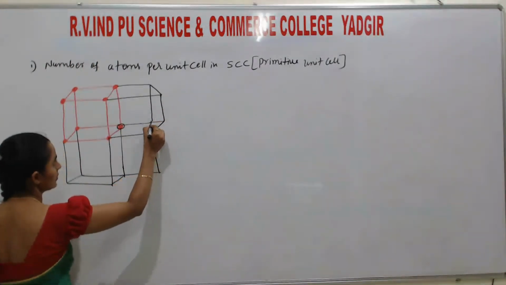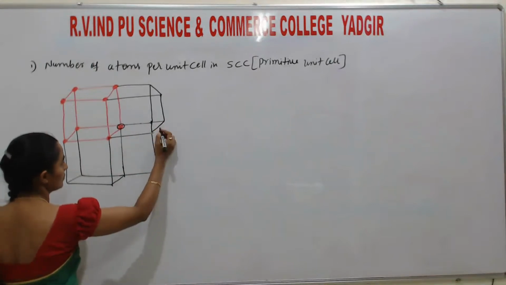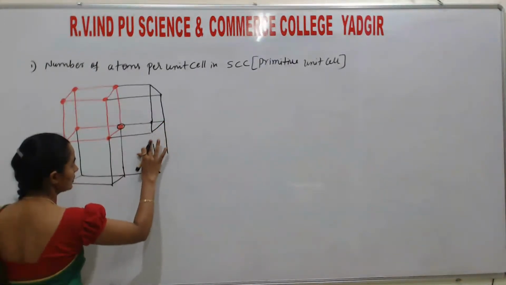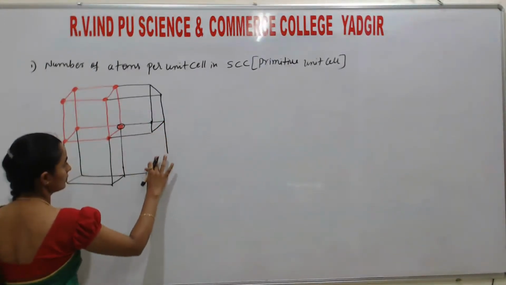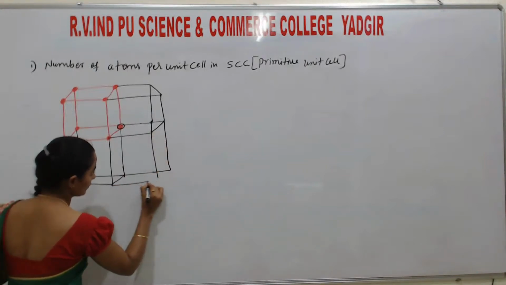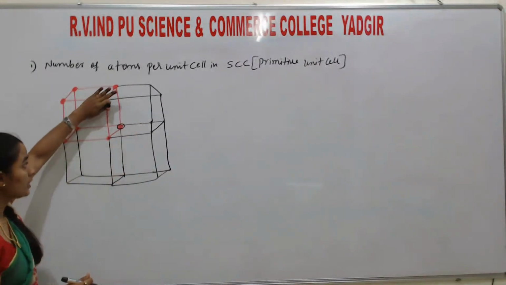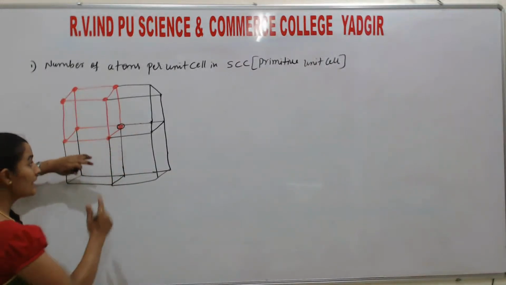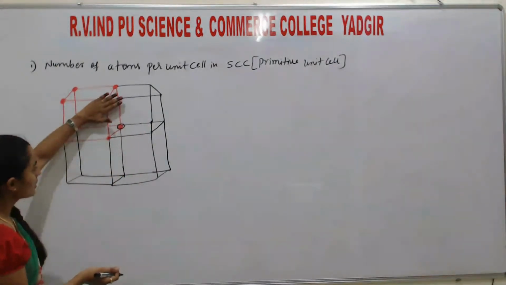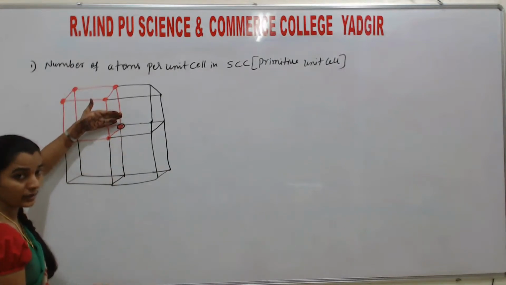Next, the second unit cell is from here. Okay. So 1, 2, 3, 4 unit cells in the same layer. Similarly, in the adjacent layer, 1, 2, 3, 4.